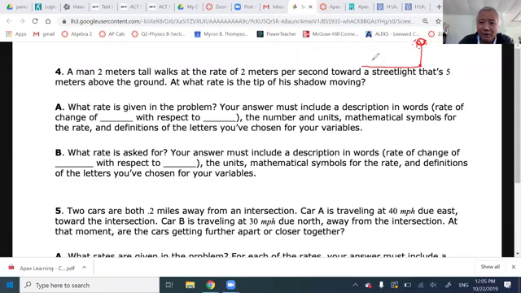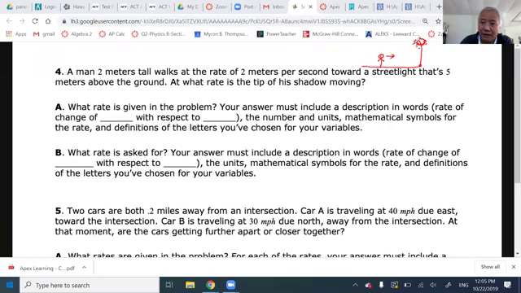And then there is a person who is 2 meters tall, and the person may be like this, moving towards this direction, right?